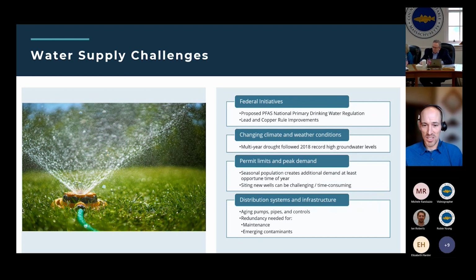So this might be, if a particular well has to be taken offline because the pump needs to be replaced, for instance. Or as we've seen, if wells need to be taken offline to have treatment installed for other reasons, redundancy is really important for maintaining service.